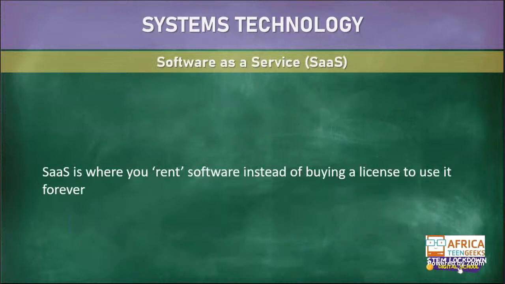We look at software as a service, in short SaaS. SaaS is where you rent software instead of buying a license to use it forever. Let's look at Office 2019 as an example. You buy a license to use it, and you install it on your computer.